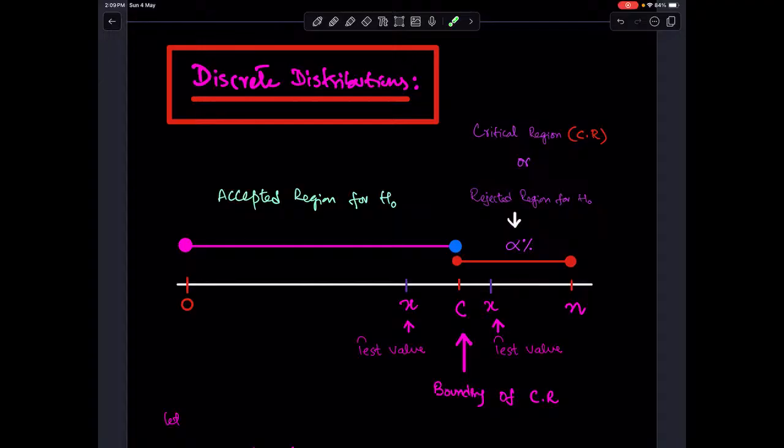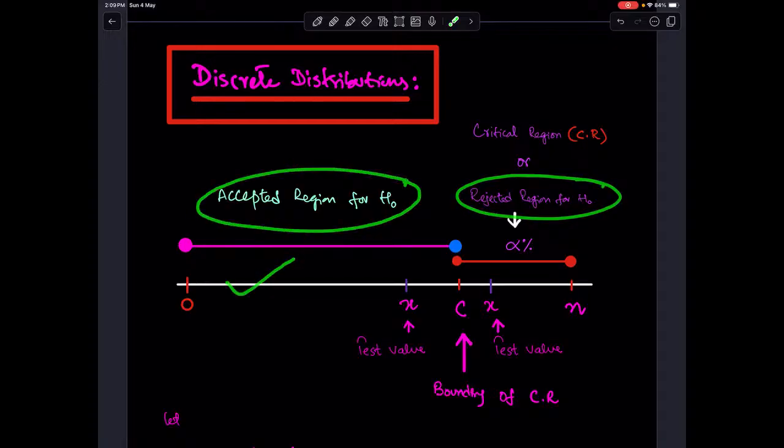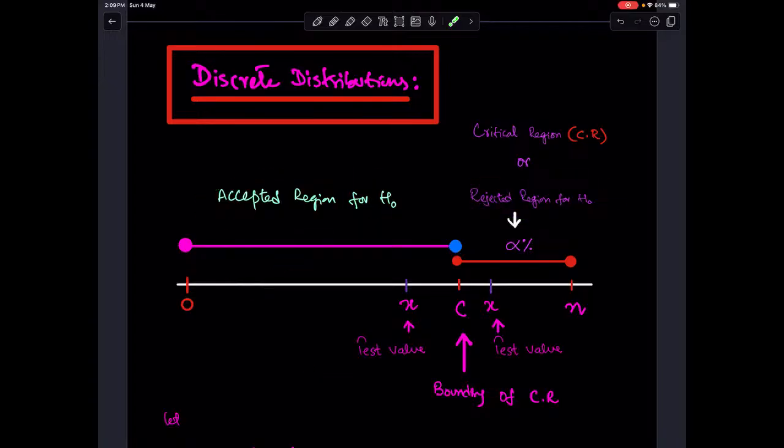So here we reject H naught, and this is the accepted region, and here we accept H naught, and this is the test value. So if test value lies in critical region, then we reject H naught. Otherwise we accept H naught. And this is the boundary of critical region.